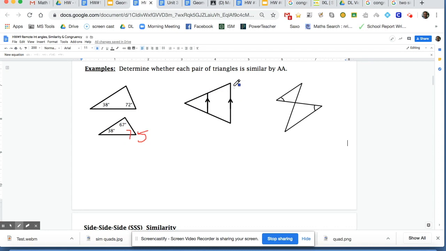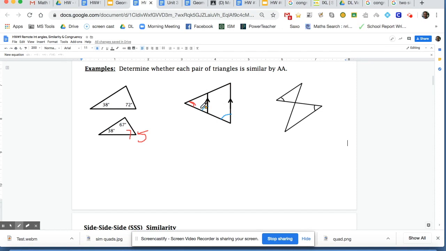Over here, how do we know if these are similar or not? We've got a big triangle around the outside, and then we've got this little triangle here. And then we know these lines are parallel. So right away we know that this angle is shared here. And then if I change my color here, this angle and this angle must be equivalent because these are parallel lines.